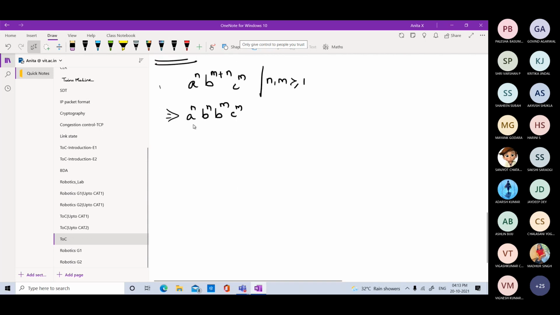I have to check whether the number of A's and number of B's are equal. After checking this, if they are equal, I'll be reaching the top of the stack symbol as Z naught. After that, if I encounter an input symbol B, again I will start with the pushing operation. I hope you can try on your own and then we can see this example. Just try designing the PDA, just one or two minutes.